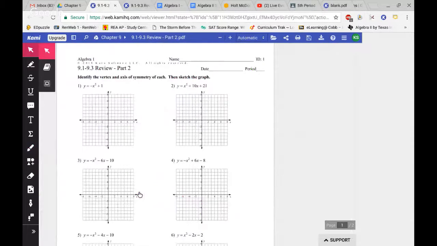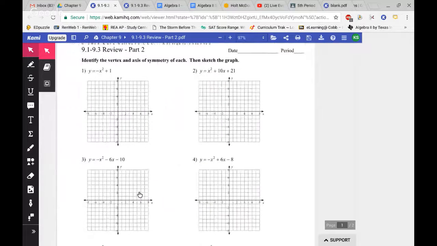Now, more fun. All right, on this one, any questions on part 1? No. Okay. On this part, identify the vertex and the axis of symmetry, and then sketch the graph.